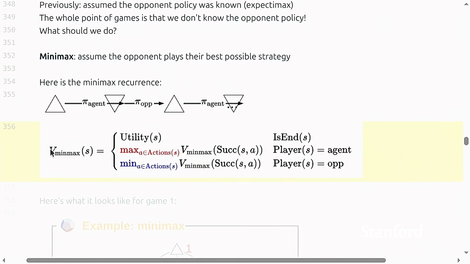The minimax value of a state is, if I'm at the end, I get the utility. If I'm the agent, then I take the max over all actions of the minimax value of the successor states. And if the opponent is taking a turn, then I take the min over all actions. That's why it's called minimax, because I have max and I have min.